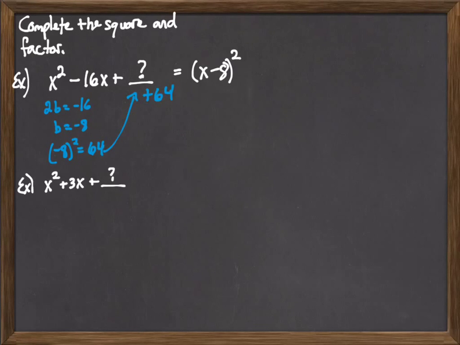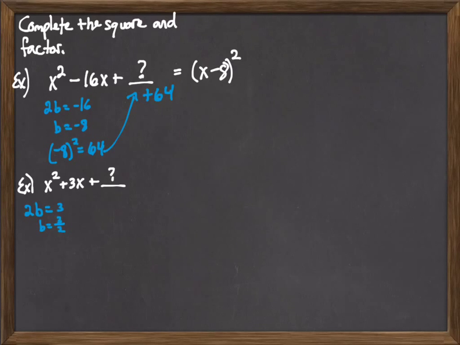Okay. This next one's a little bit harder, gives people a little bit more trouble, but the process is no different. 2b still has to be that middle term, the 3. So we need to divide by 2, we get b equals 3/2.